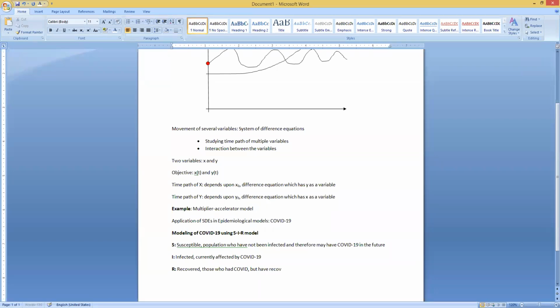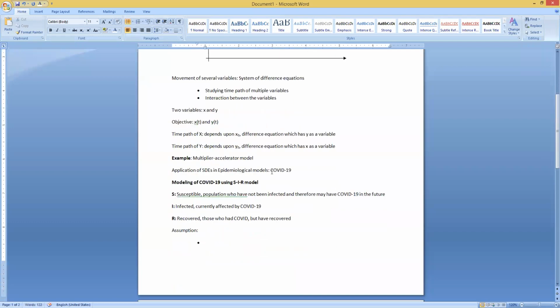but have recovered. In the simple model, there will be more assumptions, but about the structure, we make two assumptions. No one dies from COVID. This is basically a simplifying assumption, and we can remove this later on.